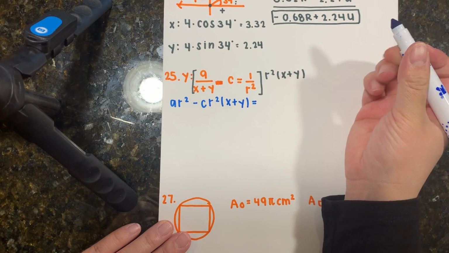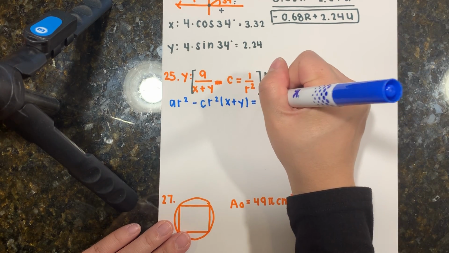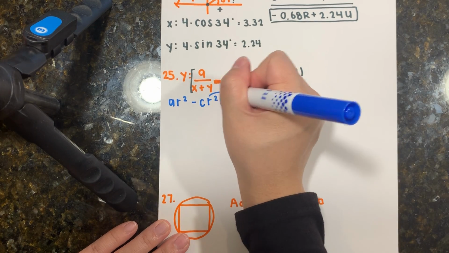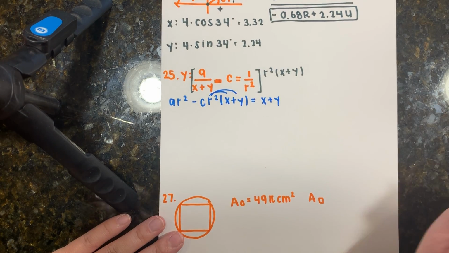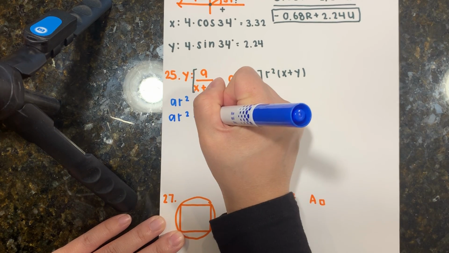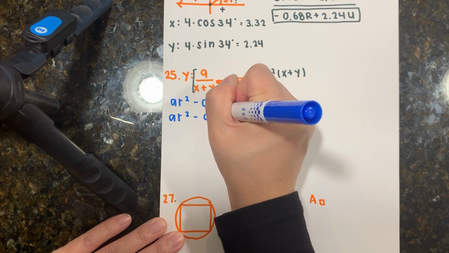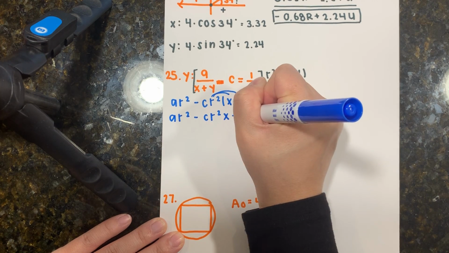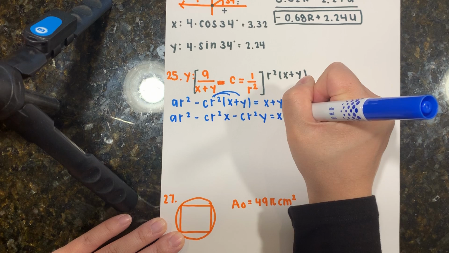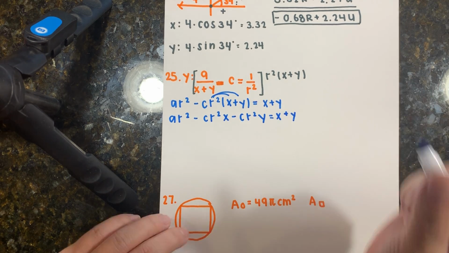And the last fraction, I would only have to multiply by x plus y. Now I'm going to distribute the c r squared, which would give me a r squared minus c r squared x minus c r squared y equals x plus y.